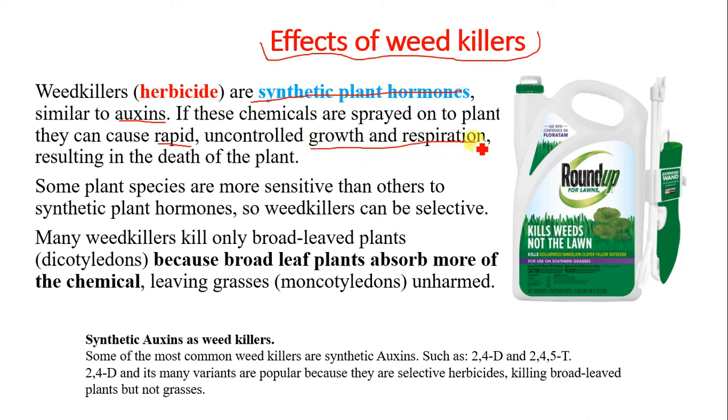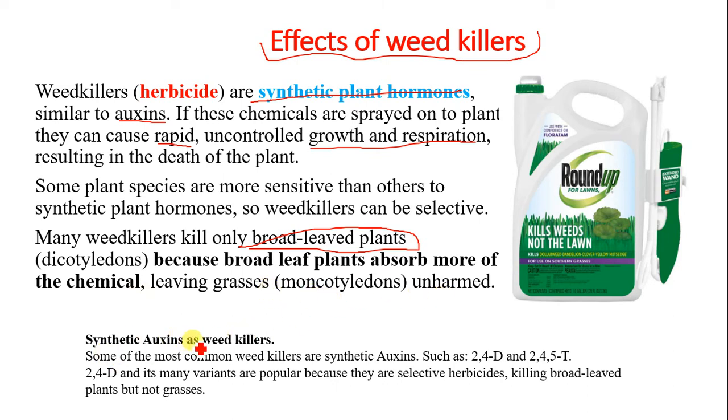So eventually it will die out. Some plant species are more sensitive than others to synthetic plant hormones, so weed killers can be selective. Many weed killers kill only broadleaf plants, which are dicotyledons, because broadleaf plants absorb more of the chemical, leaving grasses, which are monocots, unharmed.